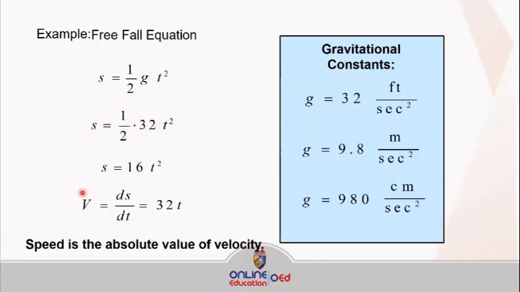And for the velocity, ds over dt equals 32t. The gravitational constant is 32 feet per second squared, or 9.8 meters per second squared in meters, or 980 centimeters per second squared in centimeters.